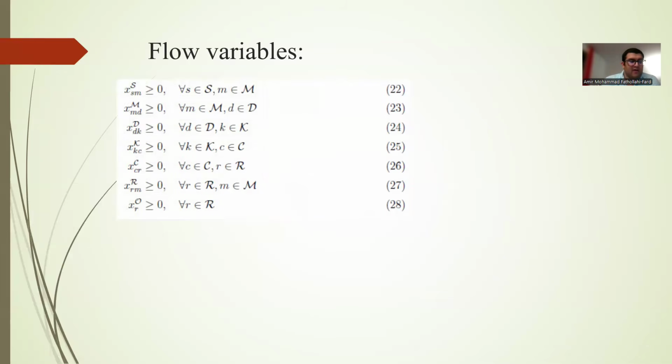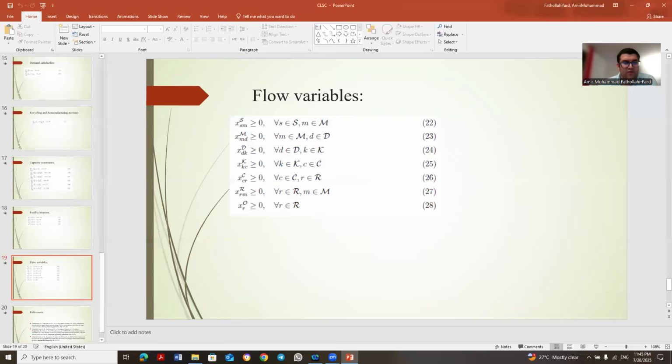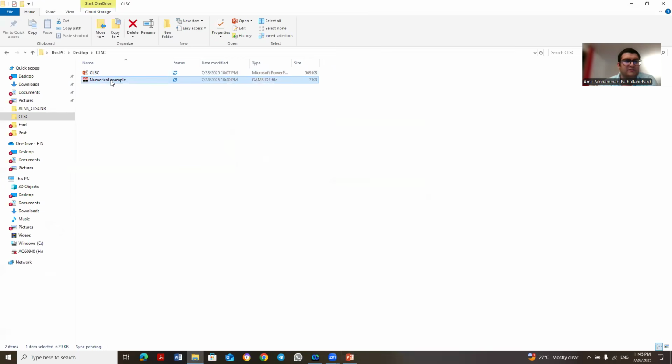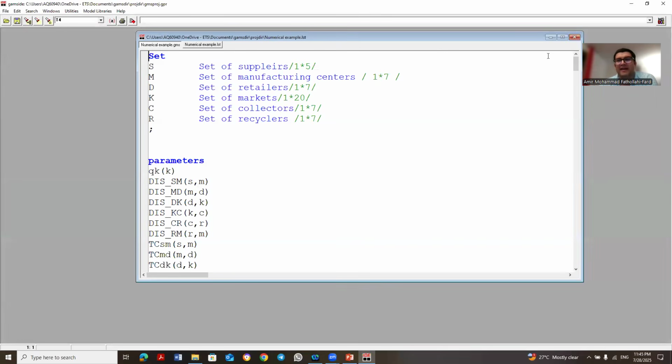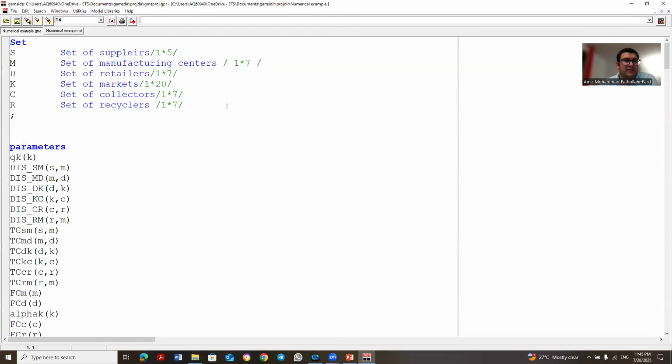Now, I want to share an optimization software to model and to code this optimization problem. So here it is, GAMS software, and we first define the sets of suppliers, manufacturing centers, retailers, markets, and collection centers.